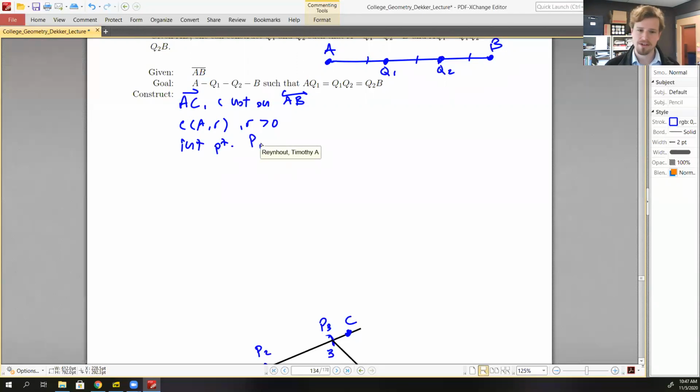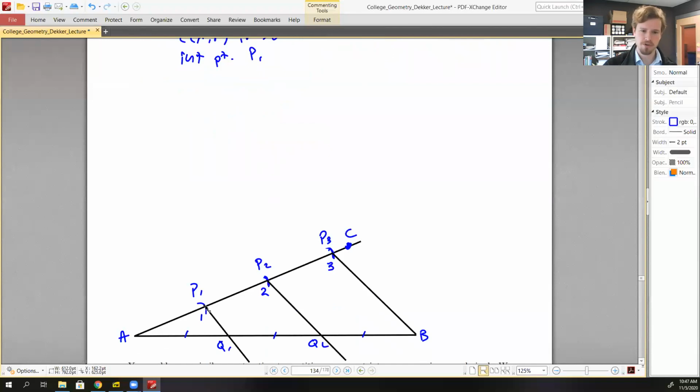Once we have that, we constructed another circle centered at P1 with the same radius R, and that gives us the intersection point P2. And then finally, we constructed a circle at P2 with radius R to give us P3. Again, that circle gave us the intersection point P3.